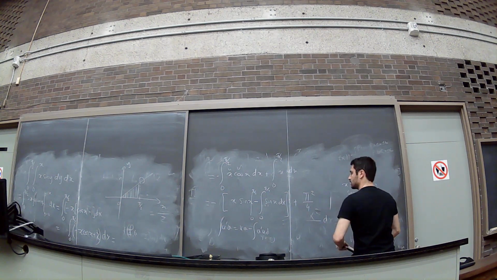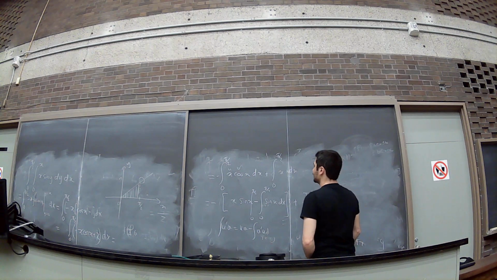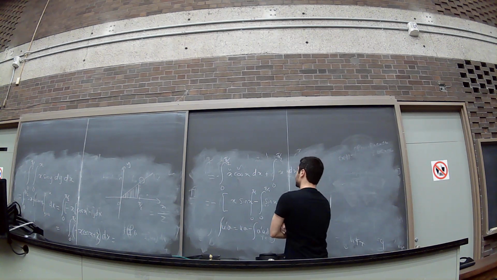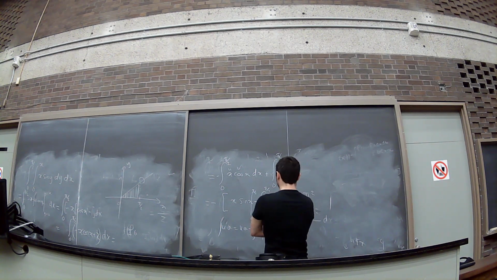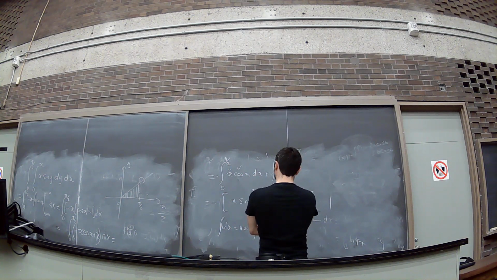There's something wrong. There should be a sign somewhere. Okay, great. uv is x sine x minus the integral of v prime, and the integral of v, which is sine, times u prime. This should be good, no? No, I don't think it is.